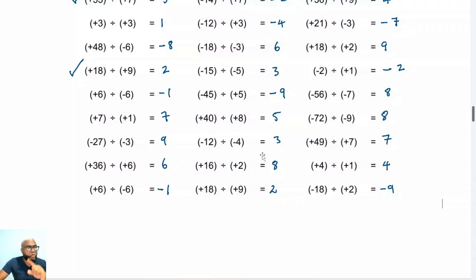You cannot go into any of these questions and say, keep the sign in front of your larger number. I'm saying it again, multiplication and division is a totally different process to addition and subtraction of directed numbers. So I do not want to see anybody mixing up these two pairs of things, right?